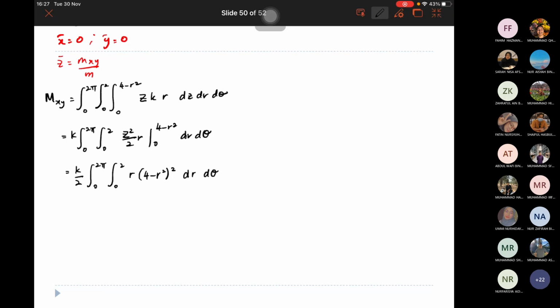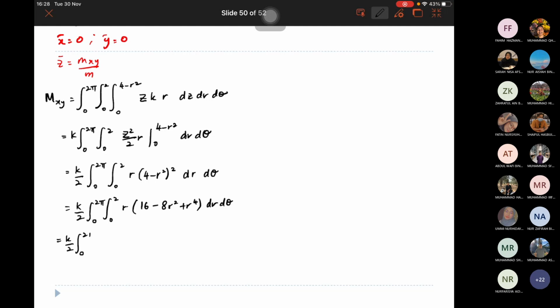So this one akan sama dengan K per 2, 0 sampai 2 pi, 0 sampai 2, r darab 16 tolak 8 r squared tambah r kuasa 4, dr d theta.